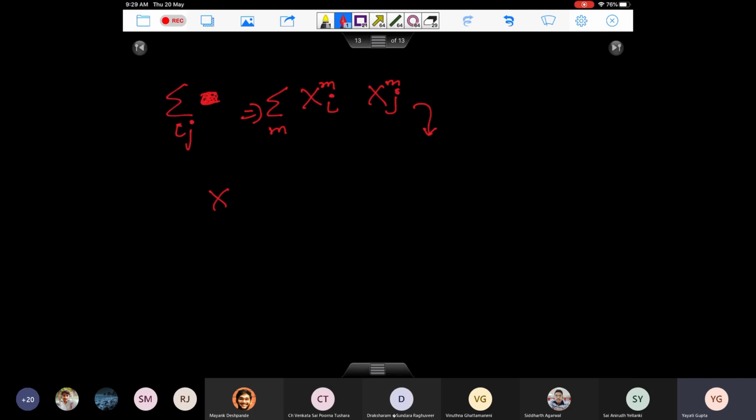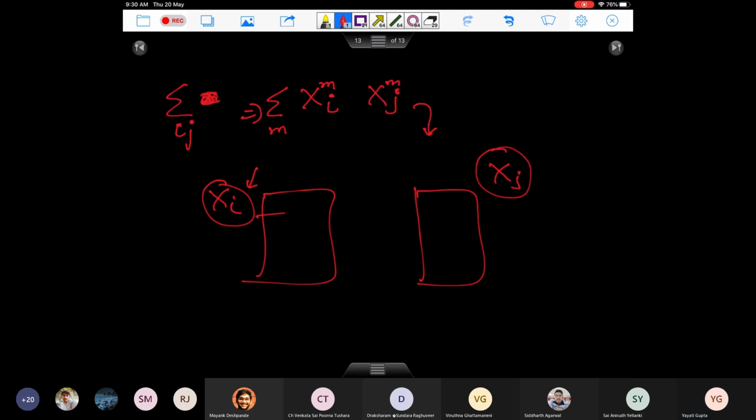So let's say one feature is xi, so this is one column. Let me call this feature xi. This is another column from your data set, which is xj. Some values are there; let me just take some random values. So these are some random values in your features xi and xj.